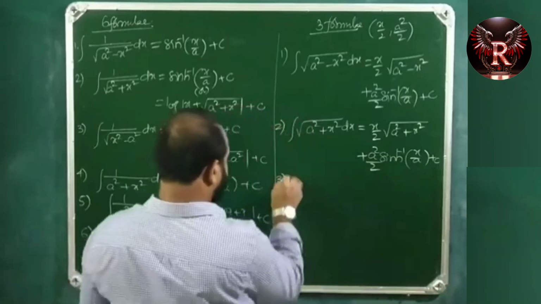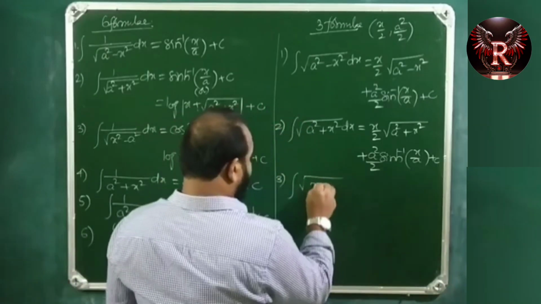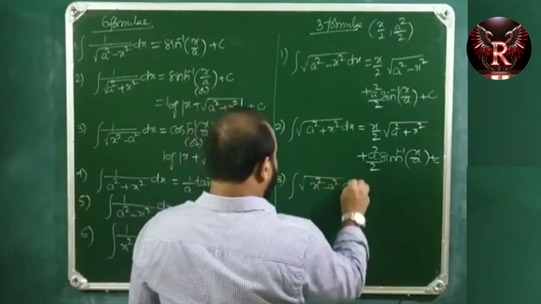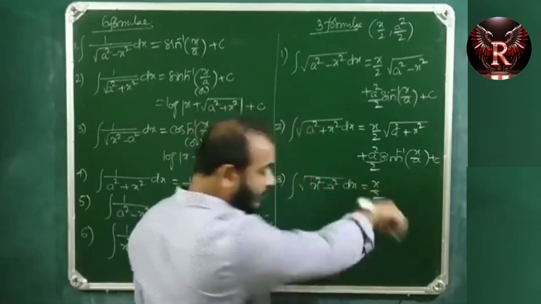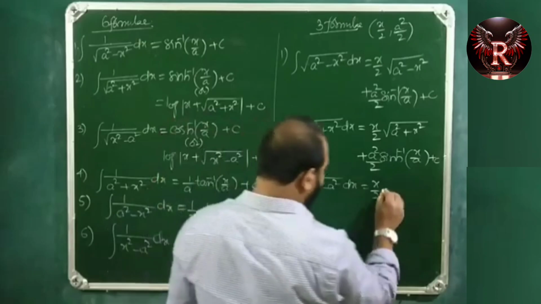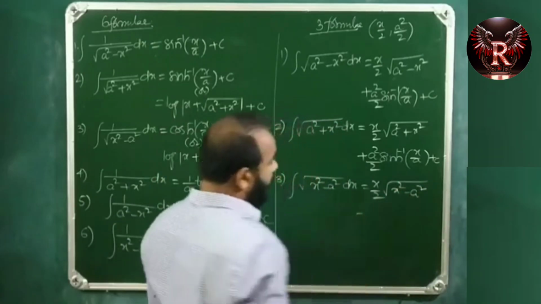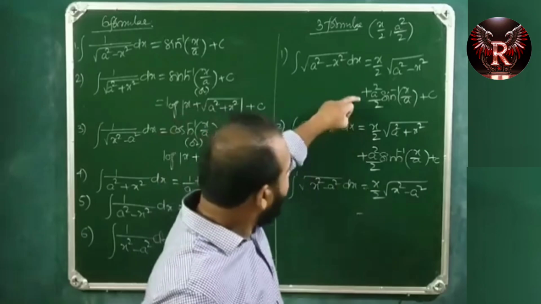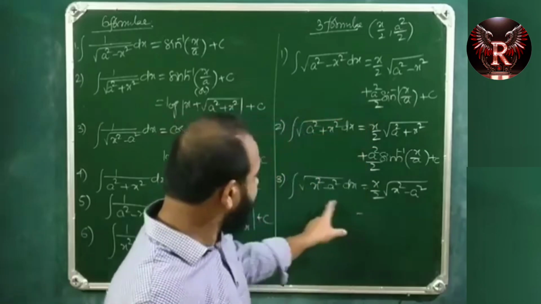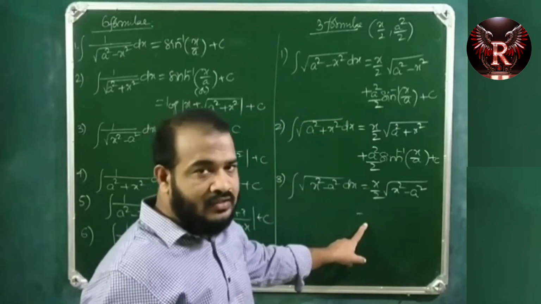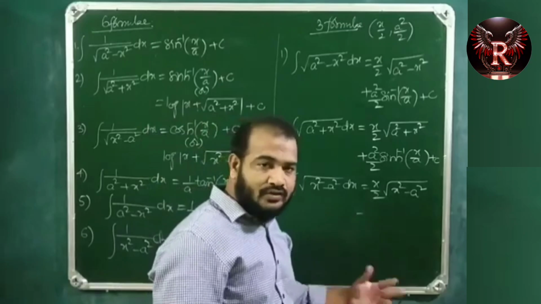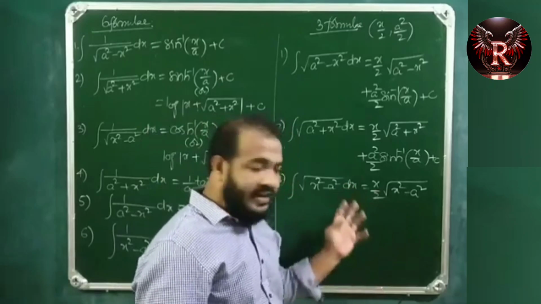And integral root of x square minus a square dx. This is equals to x by 2 into the given function, same, we will be getting here x square minus a square. Minus, for these two we will be getting plus, for this we will be getting minus. So we have seen this also in the derivation.